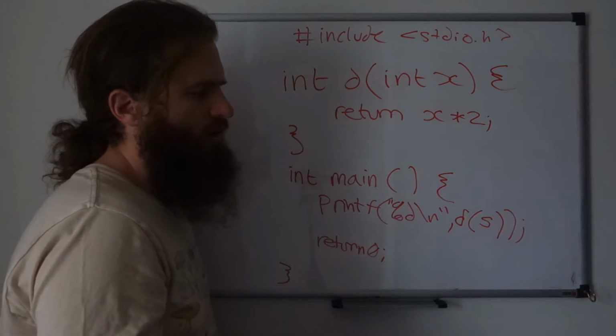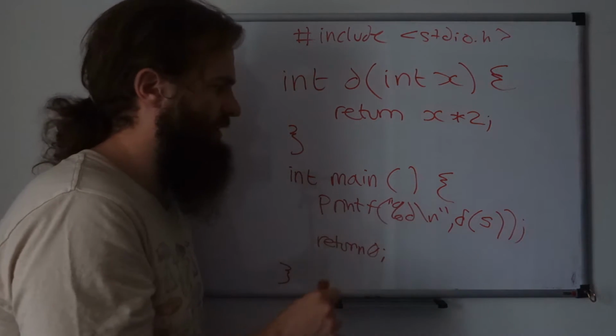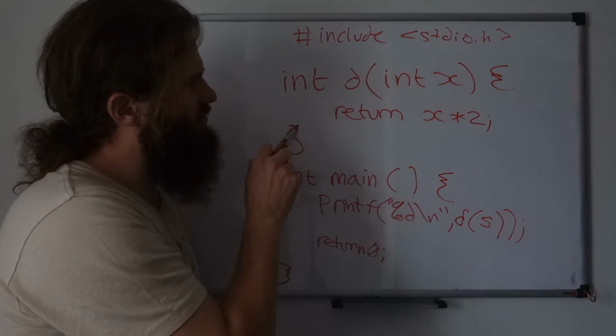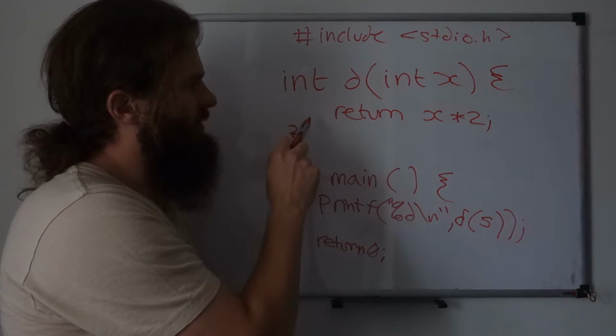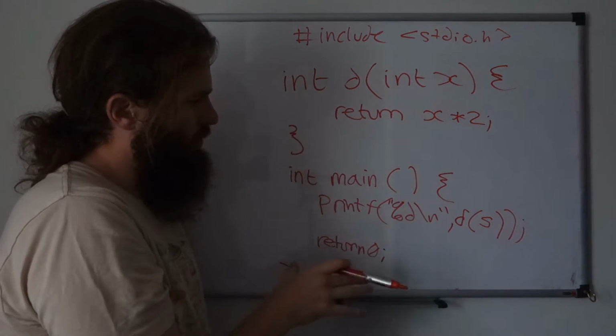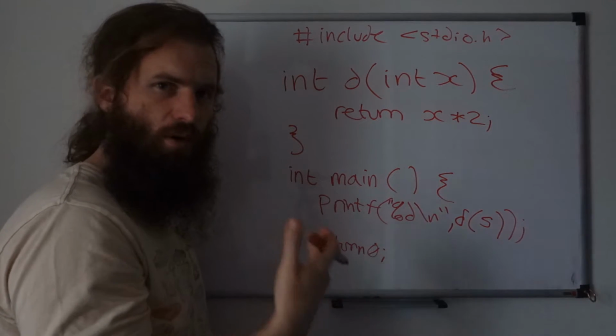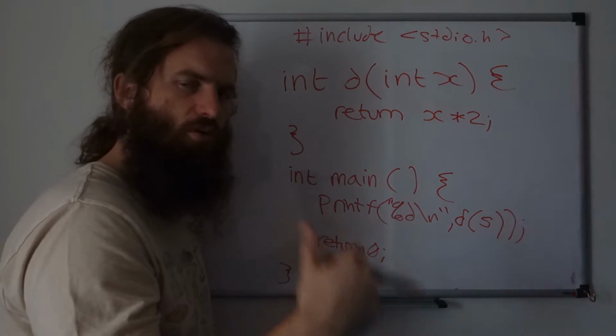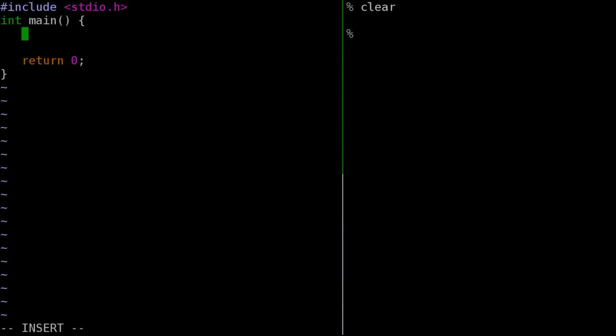So what would happen if we hadn't seen it? Let's try swapping around d and putting d below the main function and see what happens when we try and compile it. Let's take a quick look at that. So let us declare our function down here instead.